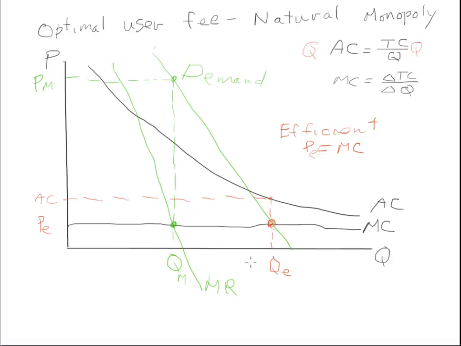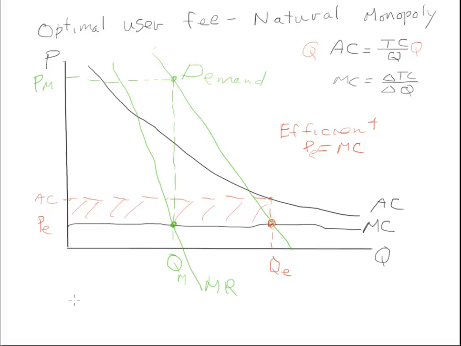So if average cost times quantity is total cost and price times quantity is total revenue, this area right here is going to be a loss. If it's a private firm, it's going to go out of business. If it's a public firm, it's going to be losing money and will have to be subsidized from other tax revenue or some other fees.